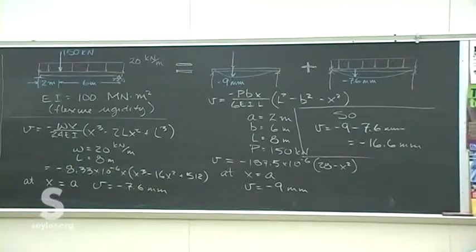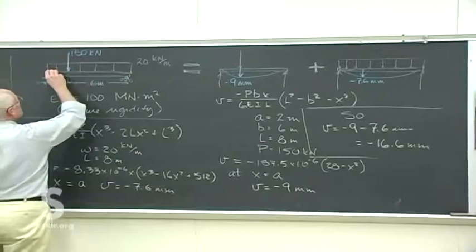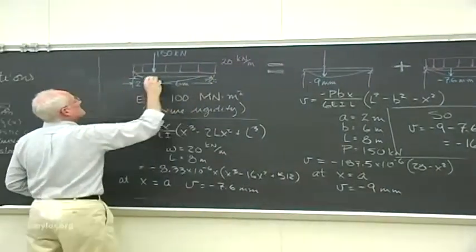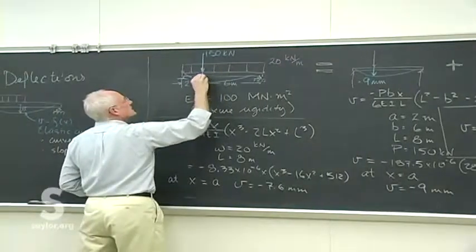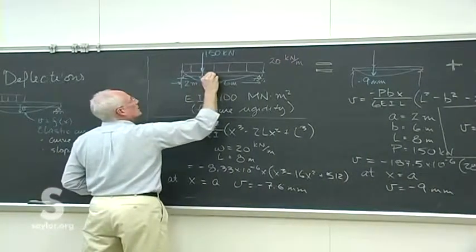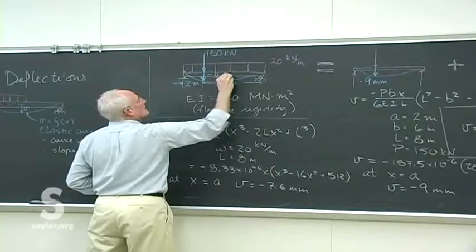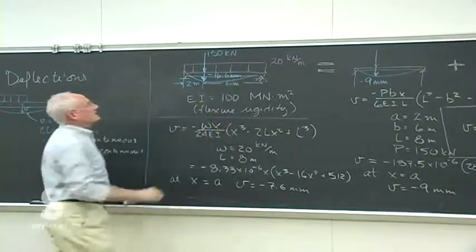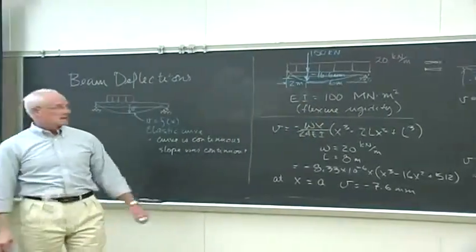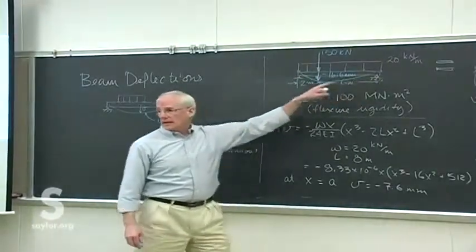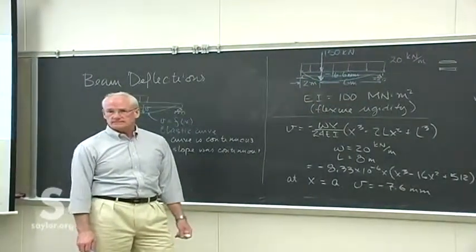But just simple superposition. So we know this beam's going to deflect in some way, and at a particular point now, we know that the deflection will be minus 16.6. And we can also figure it out at any other place along there.